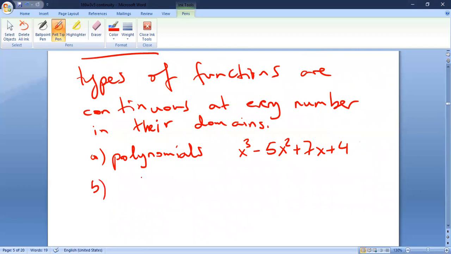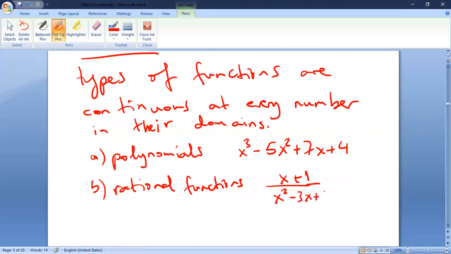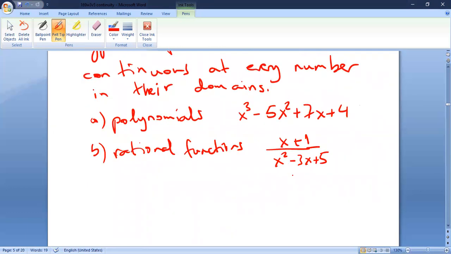Its domain is all numbers, so it's continuous everywhere. Since the domain of polynomials is everywhere, it's continuous everywhere. The rational function is something like a polynomial over a polynomial, (x + 1) over (x^2 - 3x + 5). Again, this is continuous everywhere on the domain. As long as the bottom function is never 0, it's going to be defined and it's going to be continuous.